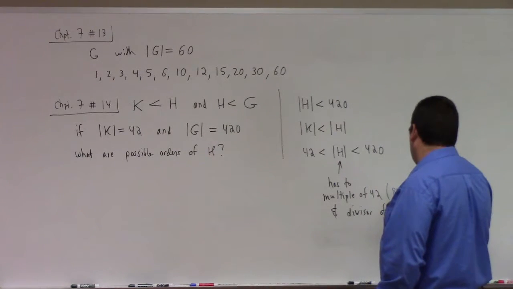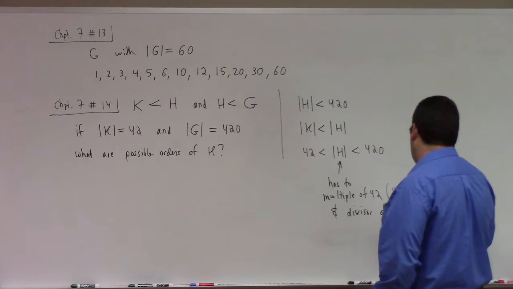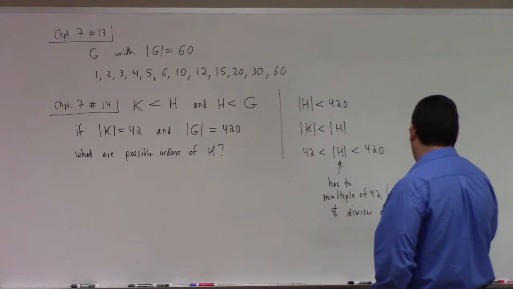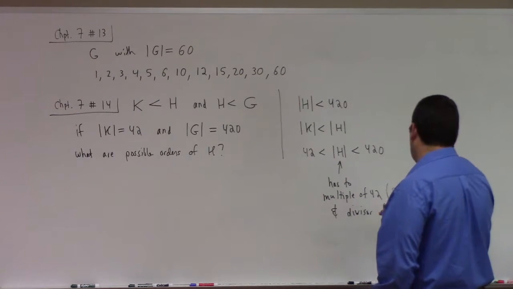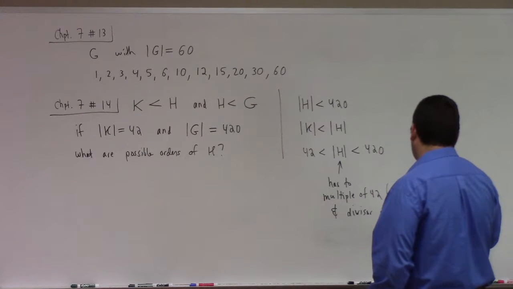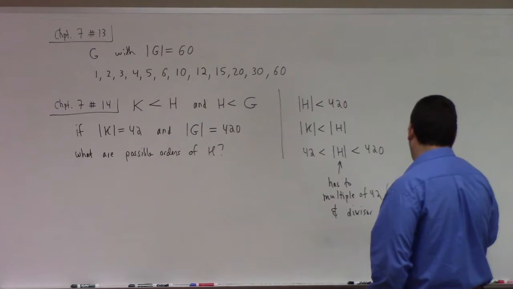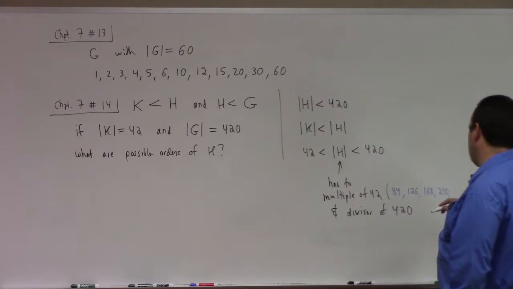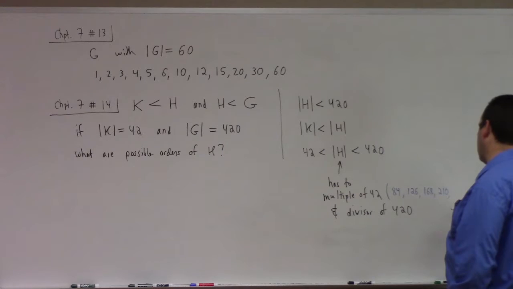So you either got 84, or 3 times 42, which is 126, or 4 times 42, which is 168, right? 5 times 42 is 210. Right? And so forth. I think that's all I can go to.